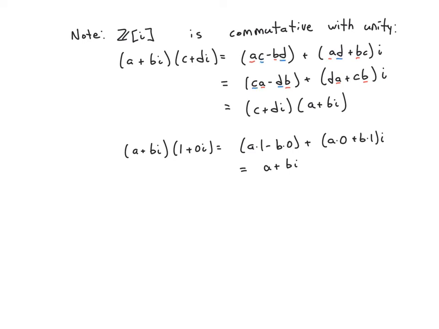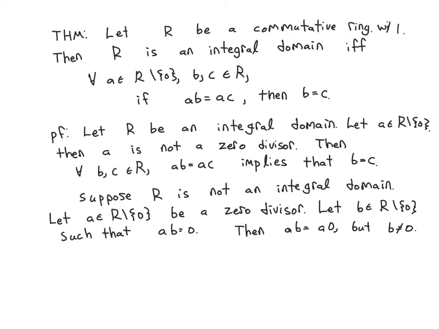And we know multiplication of integers is commutative. So in fact, multiplication is commutative for Gaussian integers. And the unit is just 1 plus 0i. You can check that when you do the multiplication out. So there was an example of an integral domain.